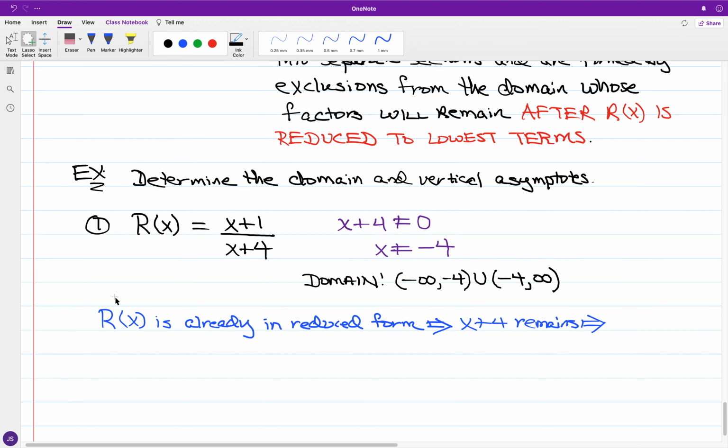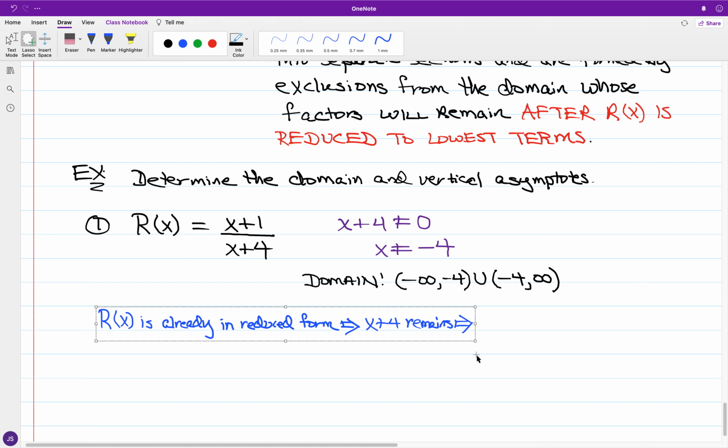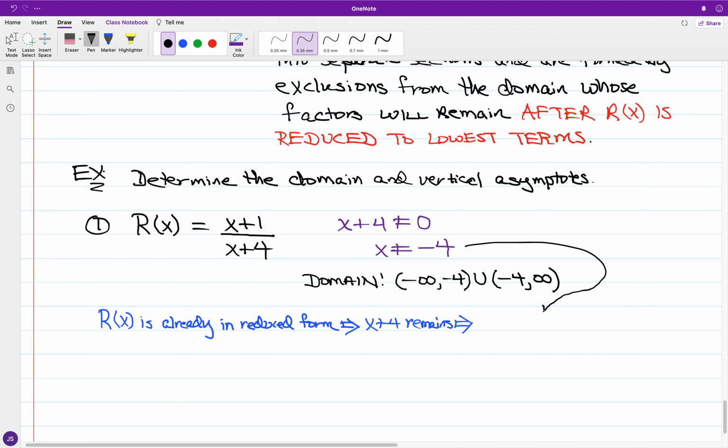And so what this is going to signify is that the exclusion from the domain, which was negative 4, because its corresponding factor remains, that is, since it does not cancel out, this is going to signify that what was excluded from the domain, because the factor remains, you're going to have the vertical asymptote is going to end up being x is equal to negative 4.